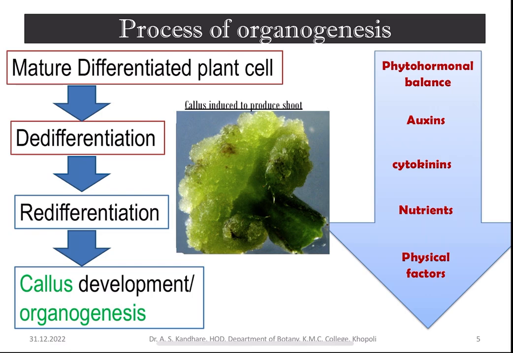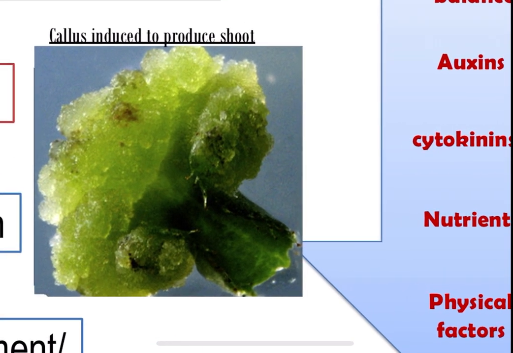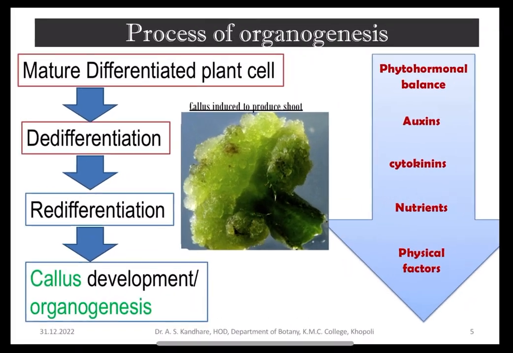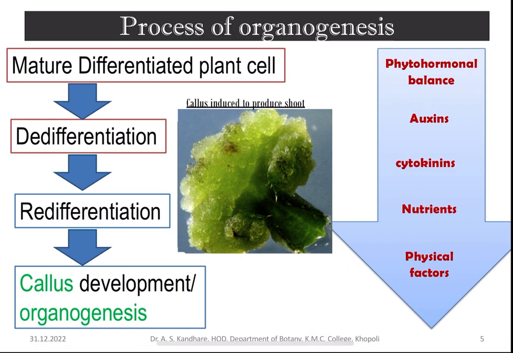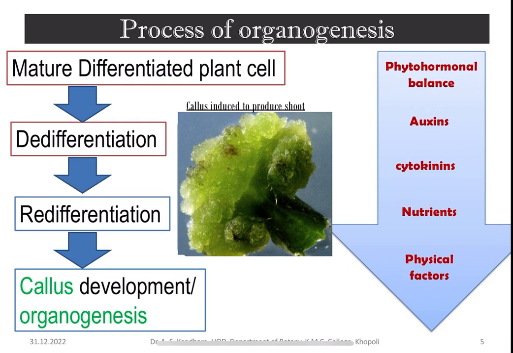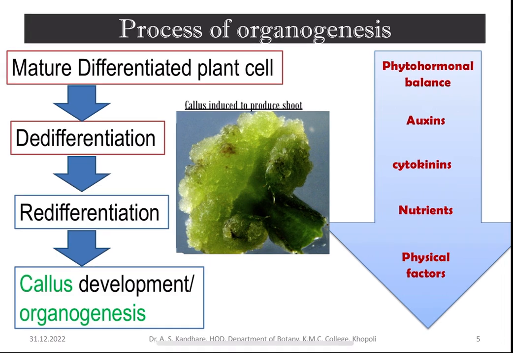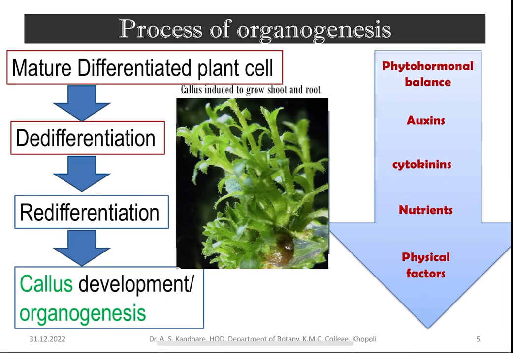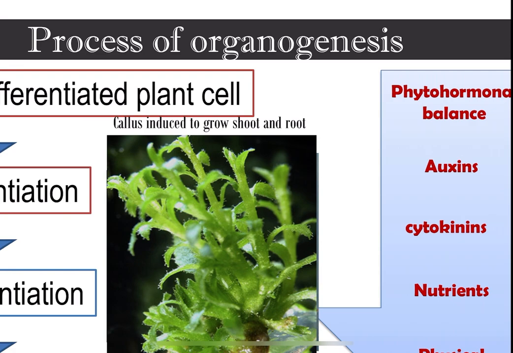So here I have shown this shoot being developed. Here you have to understand, shoot development occurs depending upon the phytohormones. Now here you can see from this callus, that is induction of shoot and root.